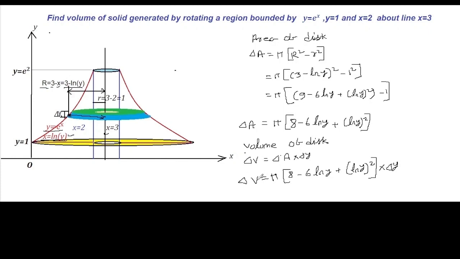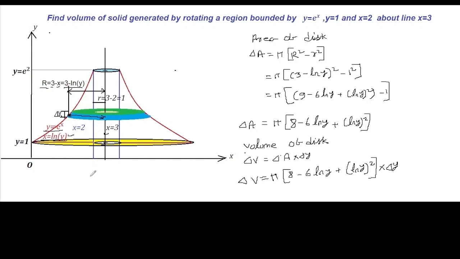And to get the volume of the entire solid, we have to integrate the volume of the disk from upper point to the lower point or from the lower point to upper point. Both give us the same values.